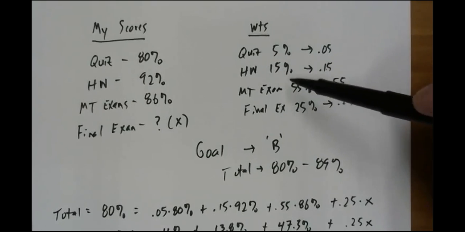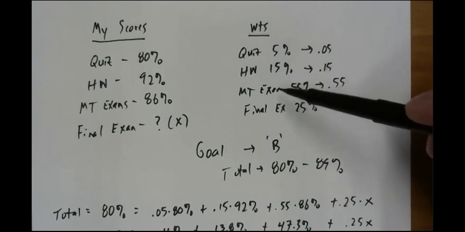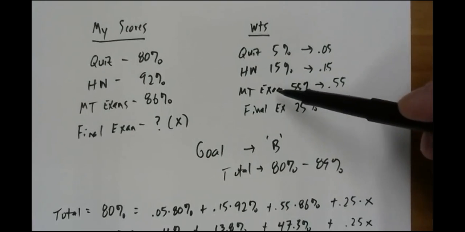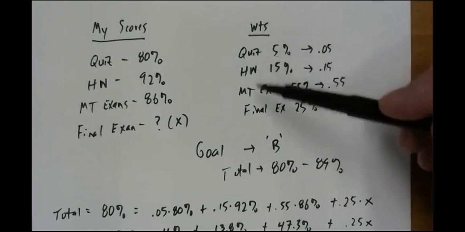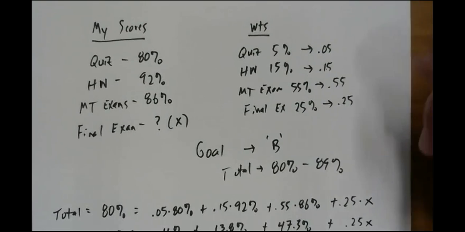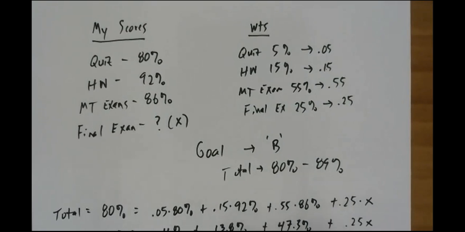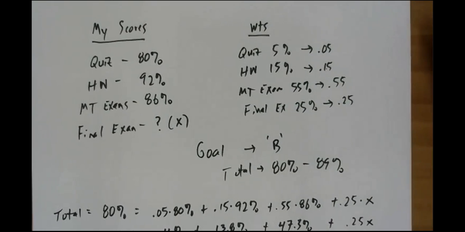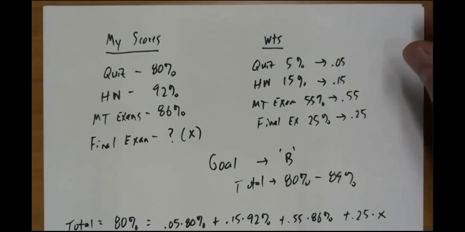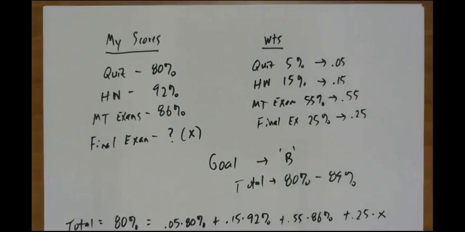But bottom line is you can't do great on quizzes and homework and then not do very well on the exams because then it's just going to hurt your grade too much. You've got to do well on your exams to do well in the class. All right, I hope this helps. And now you can understand better where your grades come from and even what you need to do on the final exam to meet your goals.